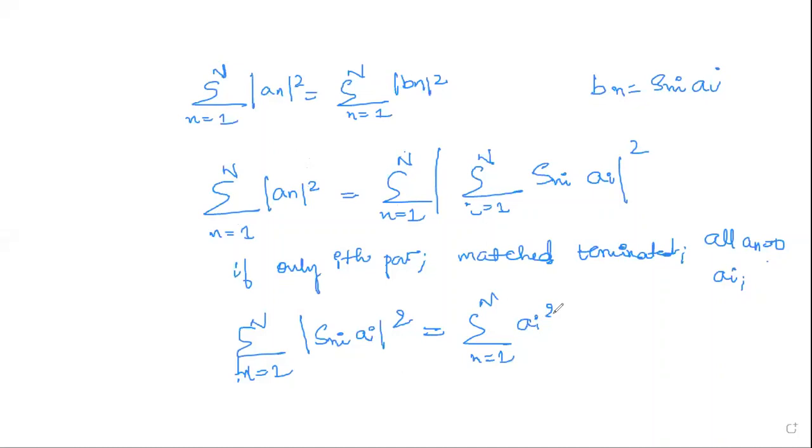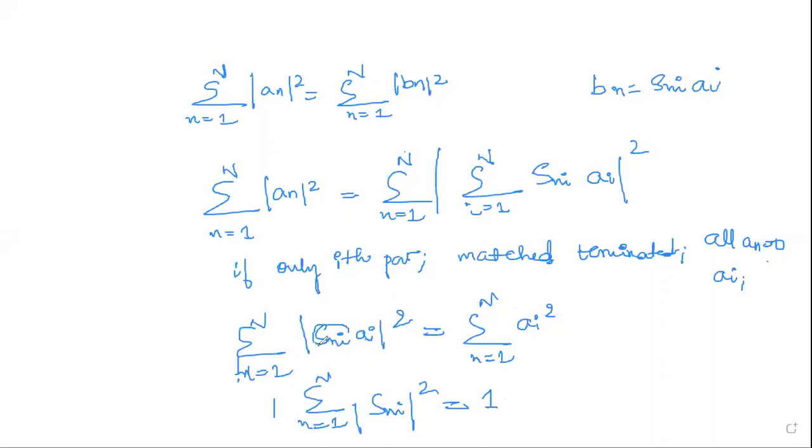So this is equal to summation n is equal to 1 to n, Sni square, which is equal to, now see, if I split this equation, you have Ai square on both sides. Both the squares will get cancelled and you will have the equation equal to 1.